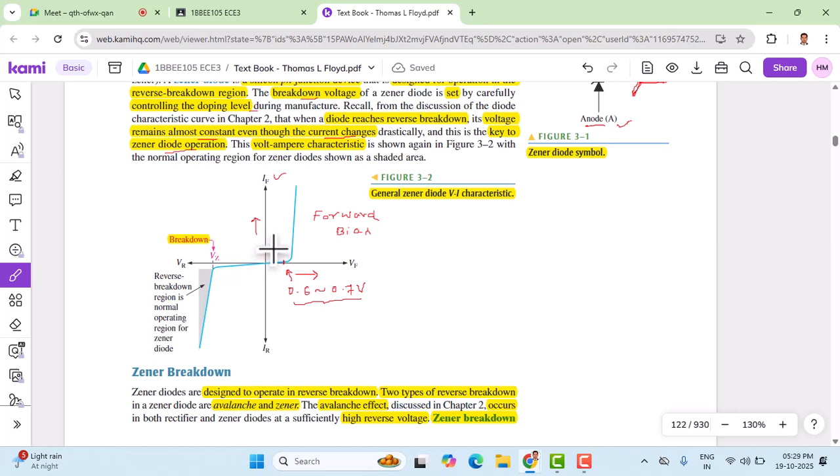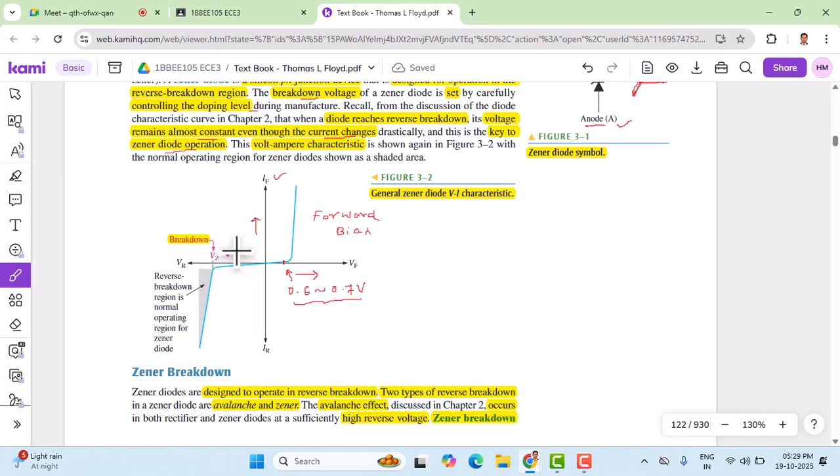But the key operation of a Zener diode is in the reverse region. Let us have a look at the reverse characteristics, how the Zener diode can be operated in the reverse region, and how the breakdown occurs and leads to the maintenance of constant voltage across it, which we call the Zener voltage. VZ is the breakdown voltage.